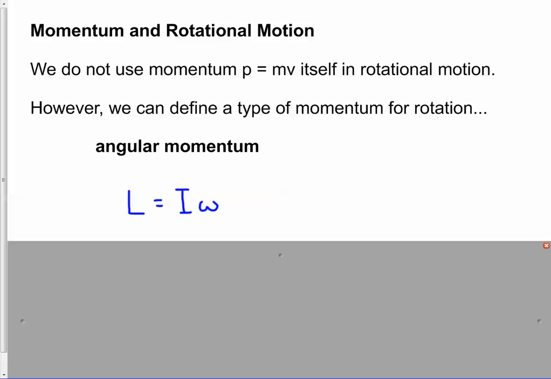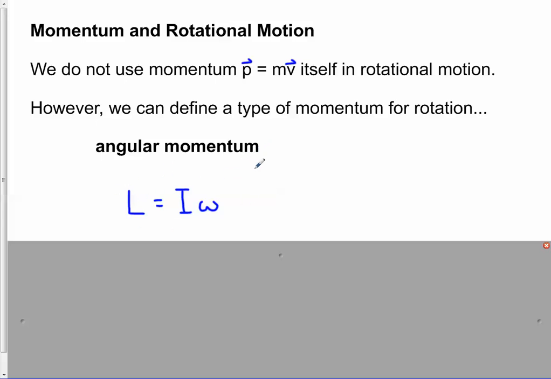Now, I will say briefly, without getting into too much detail, that momentum, remember, was really a vector, because v is really a vector. And so P equals mv was really a vector equation. And angular momentum also can be thought of as a vector.